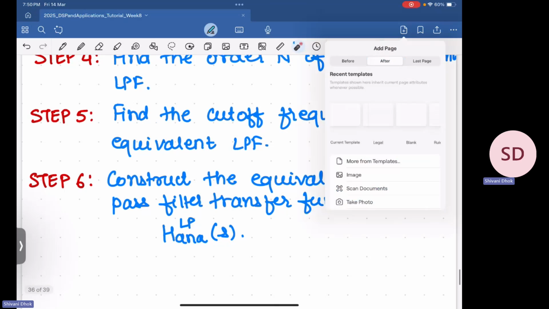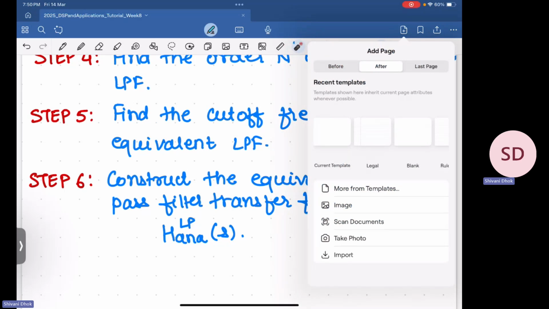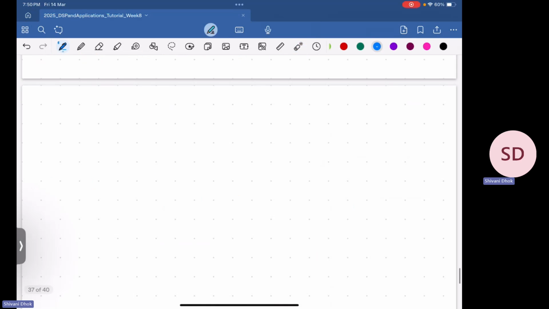Okay, so now once we have this equivalent analog low pass filter, the next step is getting the analog filter that we wanted to design. So step 7, analog transform.